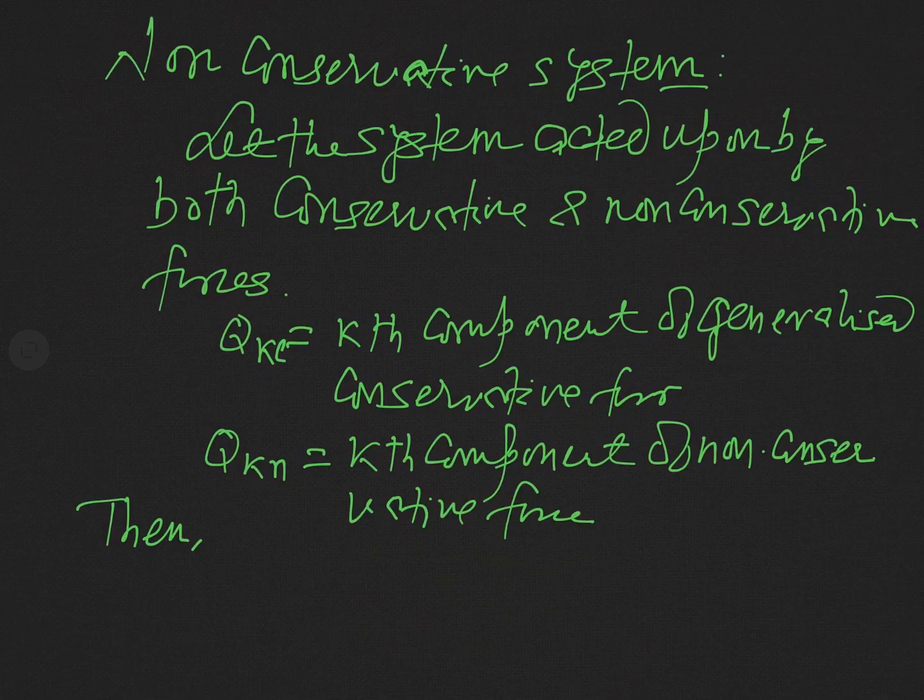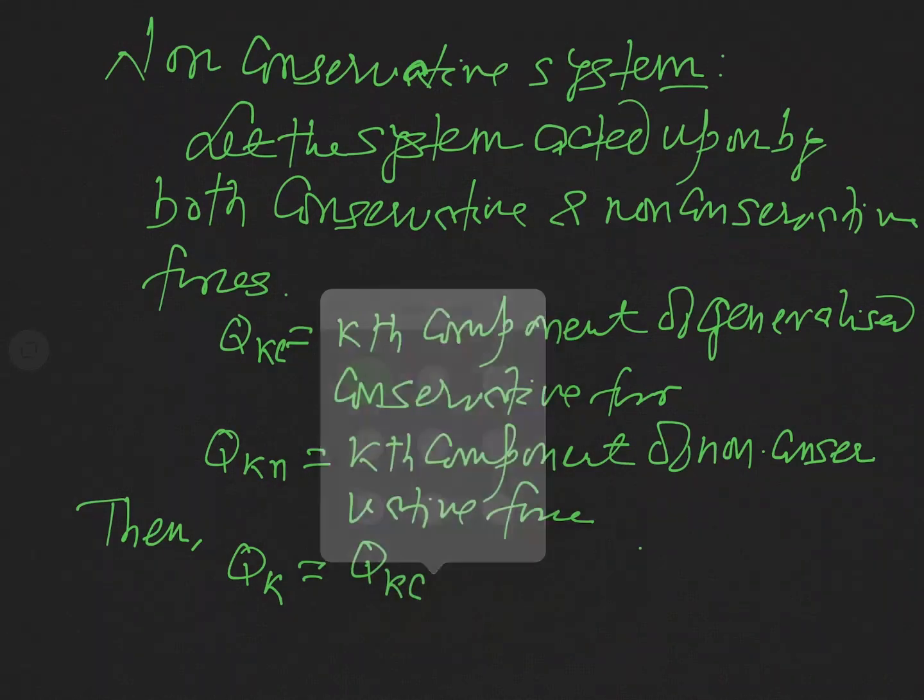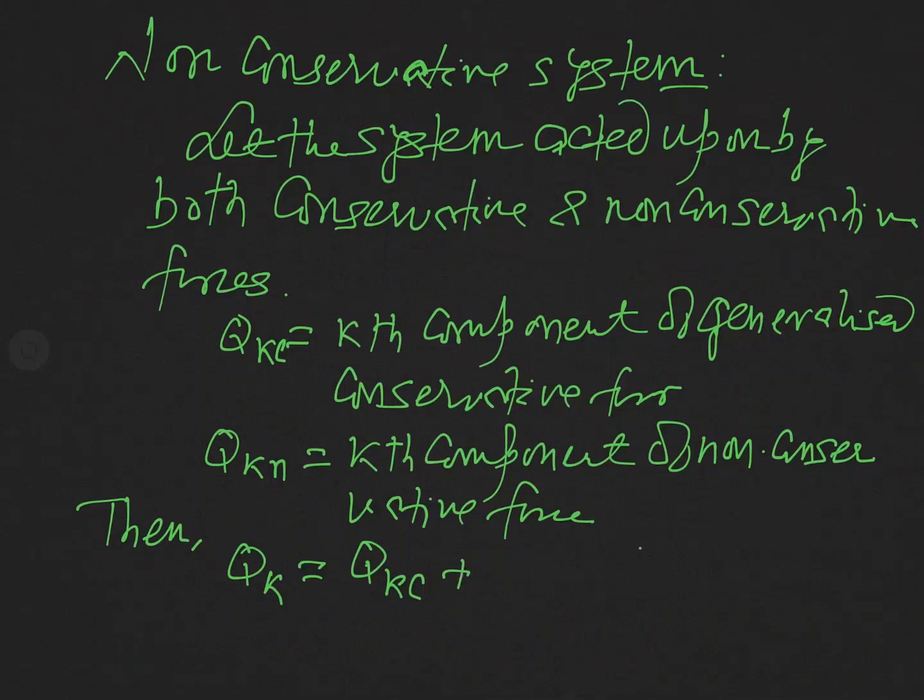Then the total kth component of force acting on our system will be what? That is Qk, and this Qk will be equal to Qkc plus Qkn.